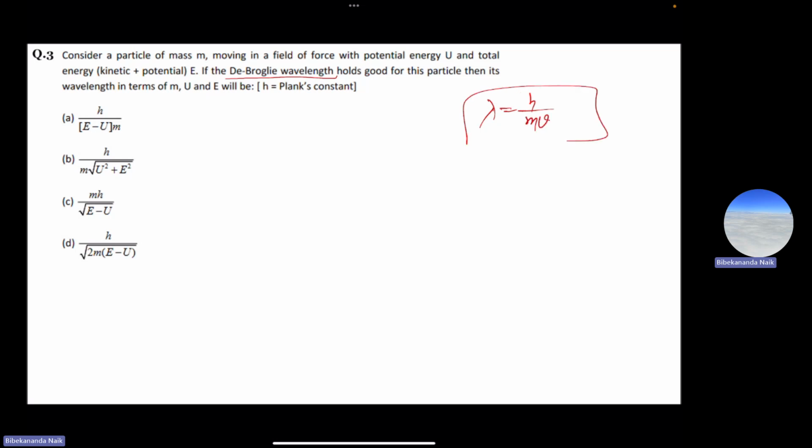So we will use this concept and the quantities given in the problem, that is mass m, potential energy U, and total energy E. From this information we will calculate the wavelength. I'll give you a few minutes to try this question, and then we will discuss how to solve it.